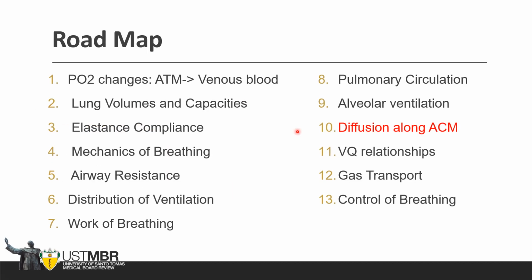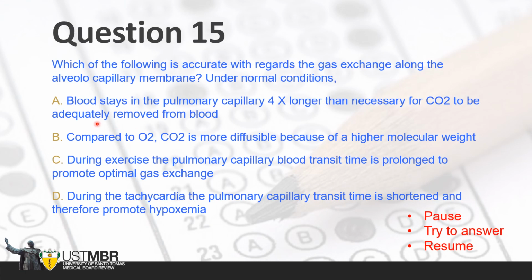So let us move on now to the diffusion along the alveolo-capillary membrane. Which of the following is accurate with regards to gas exchange along the alveolo-capillary membrane? A. Under normal conditions, blood stays in the pulmonary capillary 4 times longer than necessary for carbon dioxide to be adequately removed from the blood. B. Compared to O2, CO2 is more diffusible because of a higher molecular weight.